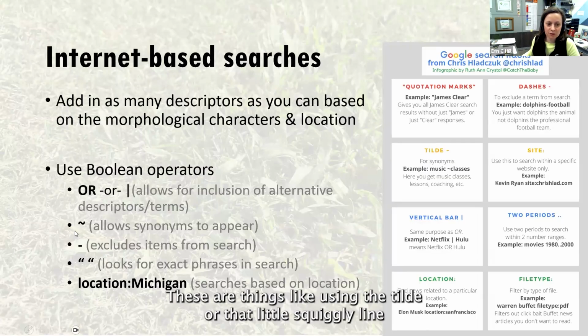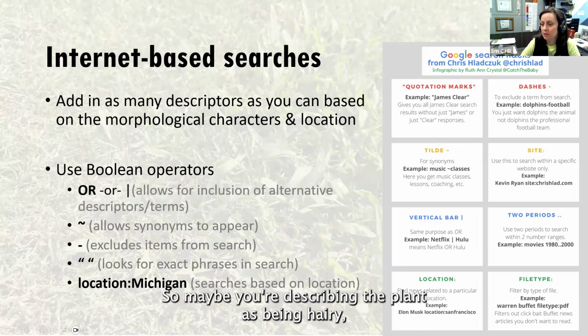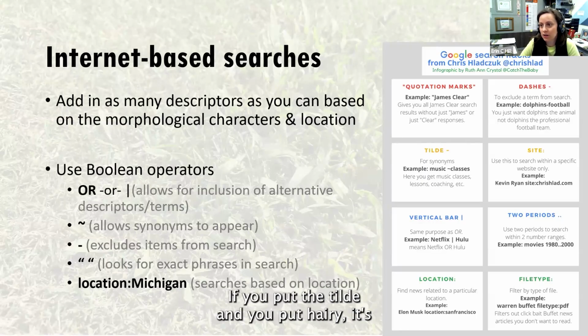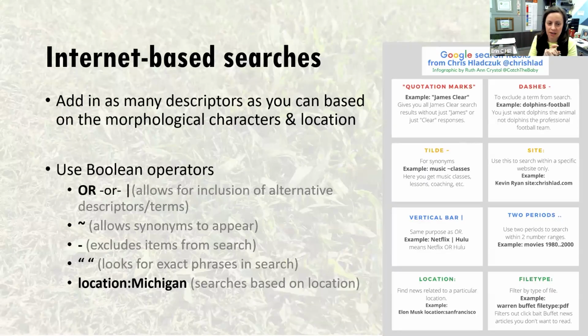These are things like using the tilde, that little squiggly line, to search for synonyms of how you're describing the plant. So maybe you're describing the plant as being hairy, but a more botanical term would be pubescent. If you put the tilde and you put hairy, it's going to search for all synonyms of that particular word.